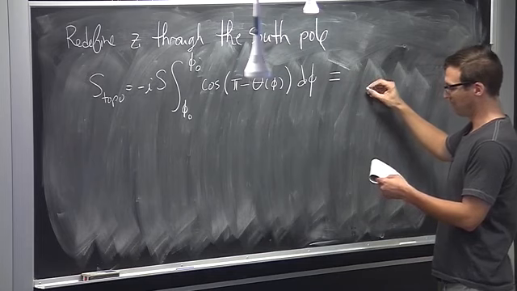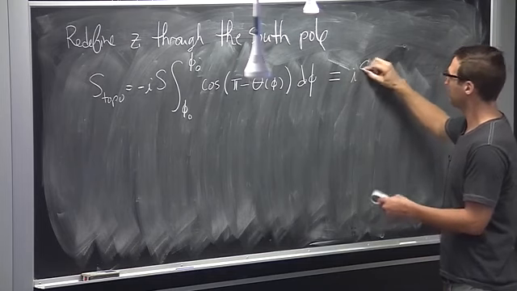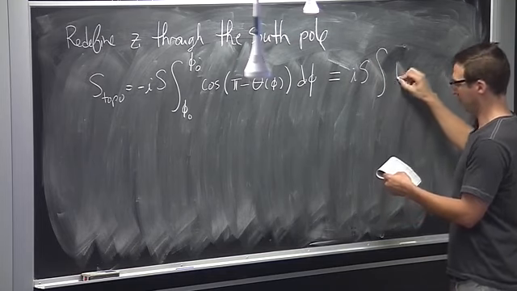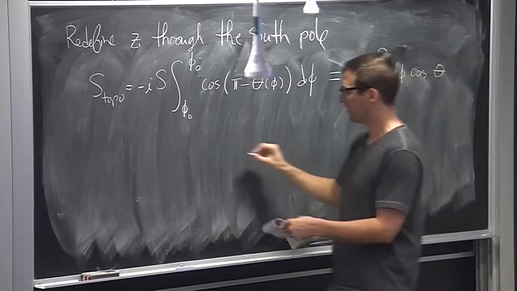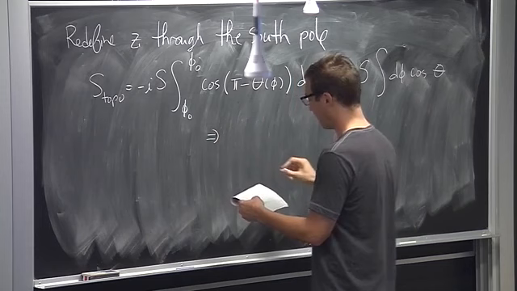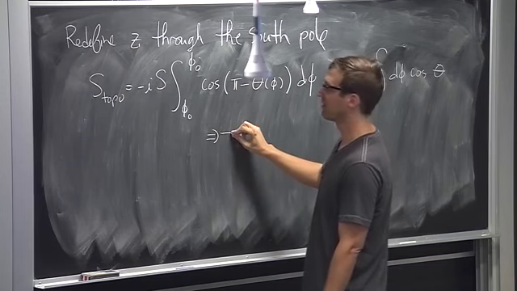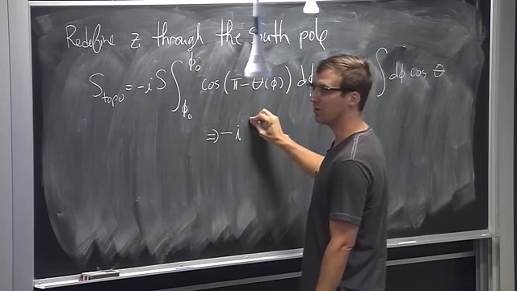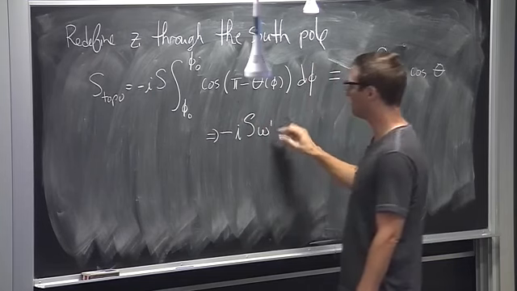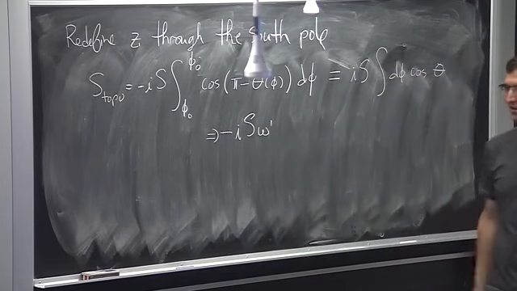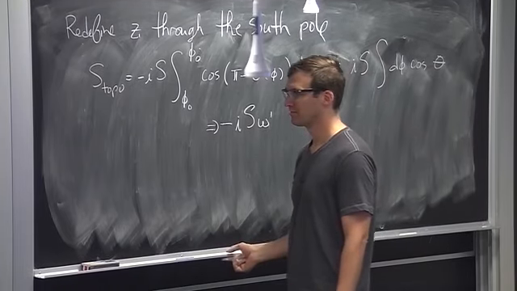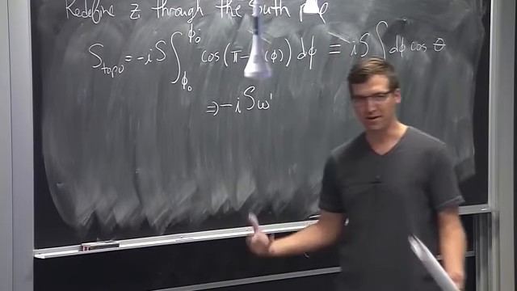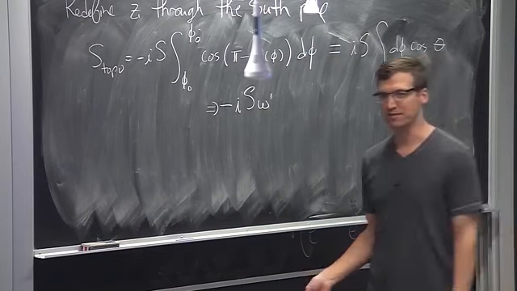And all that gives you is minus cosine. Right? So that implies that this whole thing gives me minus s omega prime, where omega prime is defined right there. But the action should be invariant upon this choice, right?